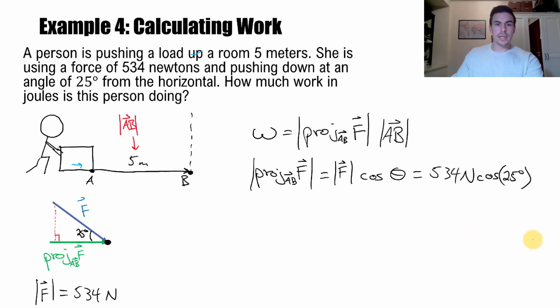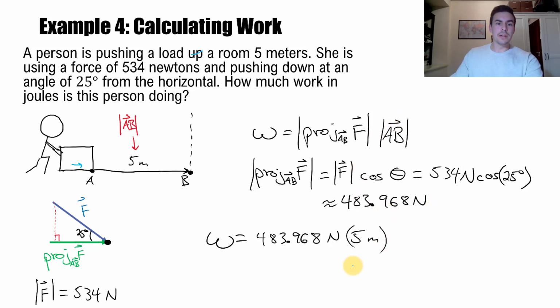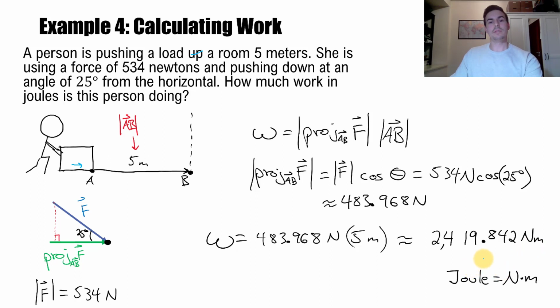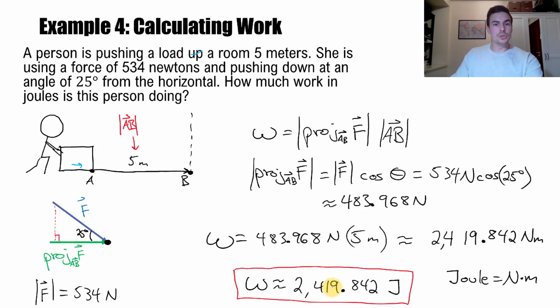So we can calculate that to be approximately 484 newtons. And that times our 5 meters is going to give us a work of 2,419.842 newton meters. Now we have another unit for newton meters. We actually call that a joule, so we would call that 2419 joules.